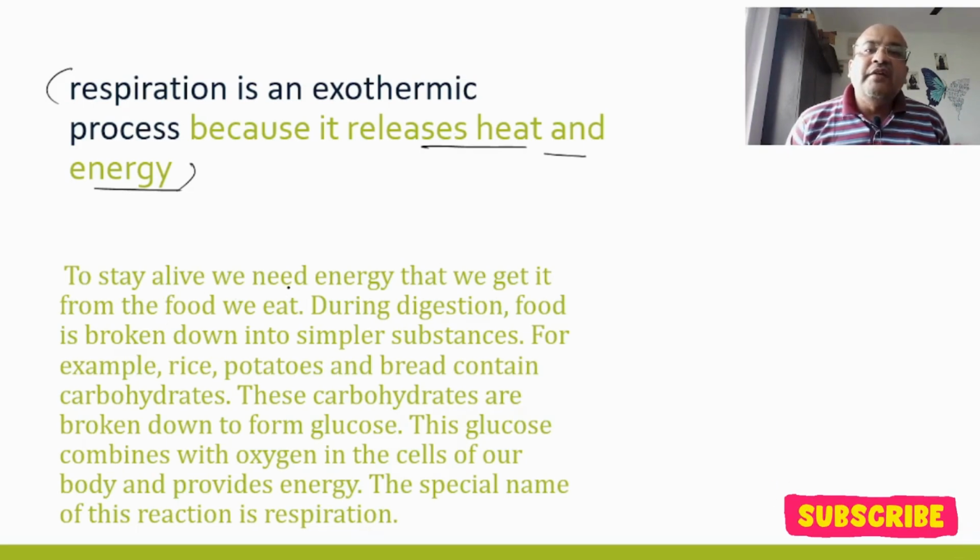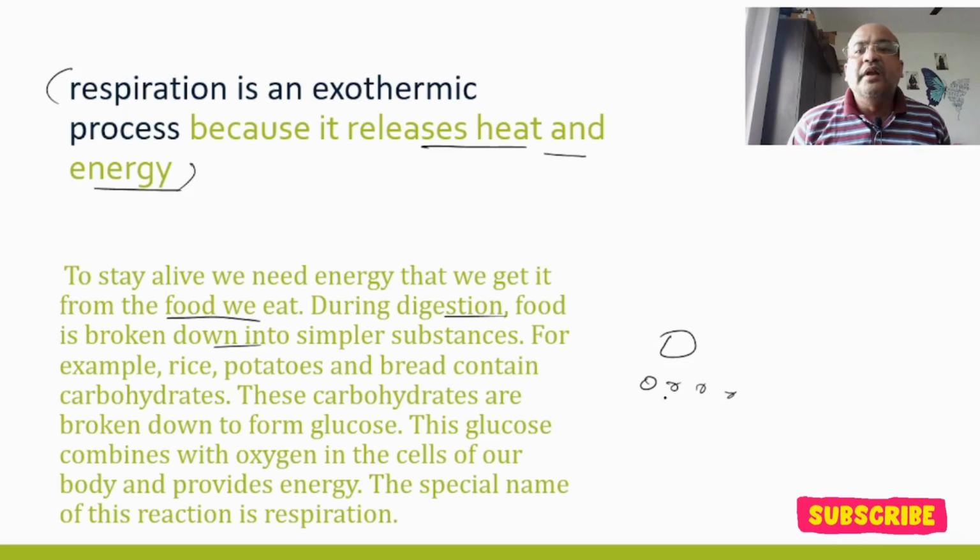To stay alive we require energy, that we get from the food that we eat, right? Now what happens during digestion? During digestion, food is broken down into simpler substances. For example, the rice and bread that we eat contain carbohydrates. These carbohydrates are broken down into glucose, right?